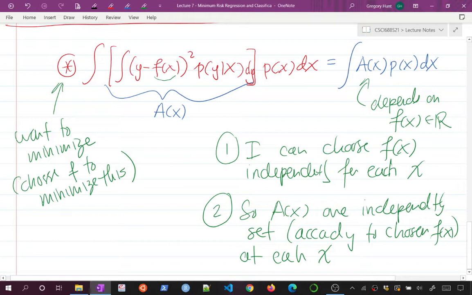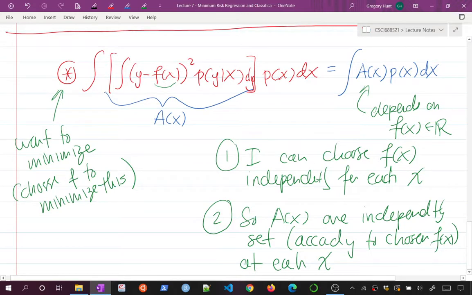Because a of x is set by f of x, f of x is set independently, so the a of x's can move in any way. Just because a of 1 is this one thing doesn't mean a of 5 is going to affect a of 5. They do not affect each other in some kind of real way.